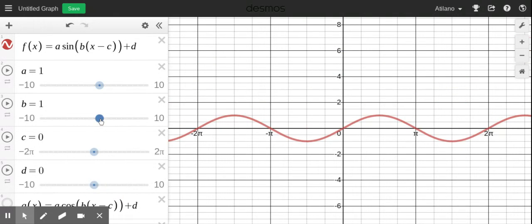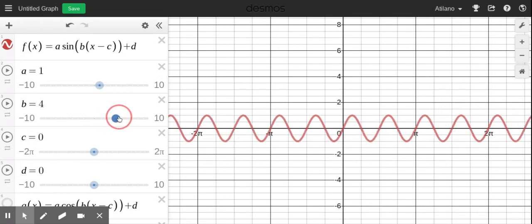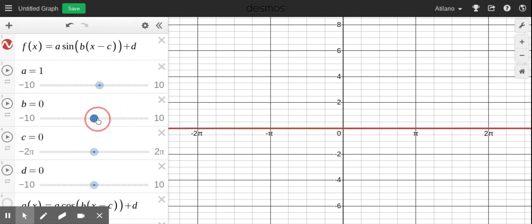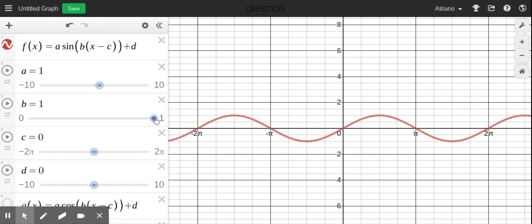We also have the B value that can horizontally compress the graph, or it could stretch it out. In order for me to stretch it out, I need to make sure that I have values that are less than 1. And actually, I'm going to avoid using -1 because that's something a little complicated that I don't want to get into just yet.